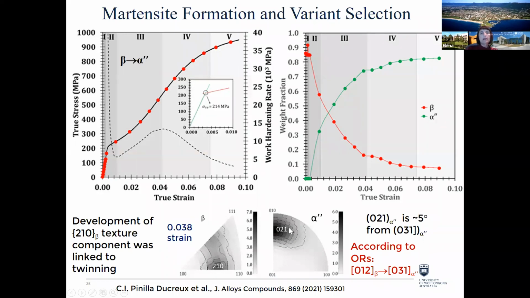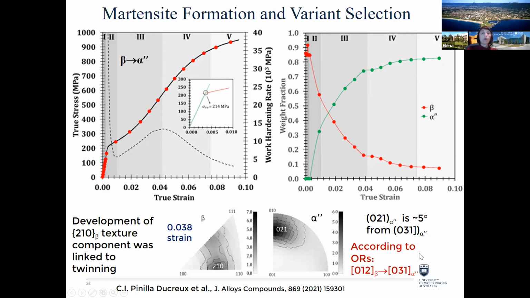And then martensite forming. We could see that from this pole figure, we have formation of approximately a 0 1 alpha double prime fiber, and this fiber is only 5% deviation from 031.